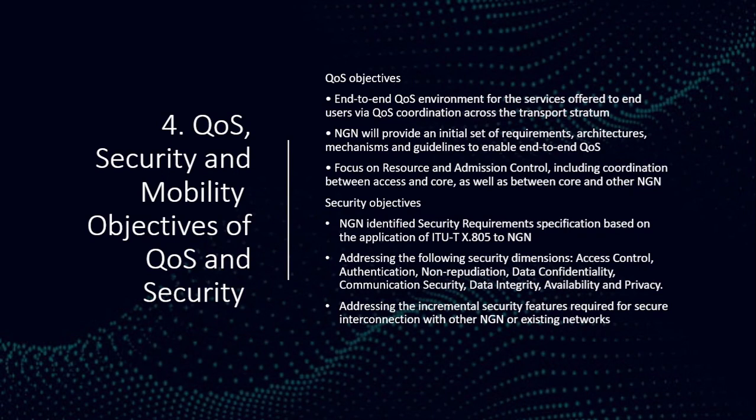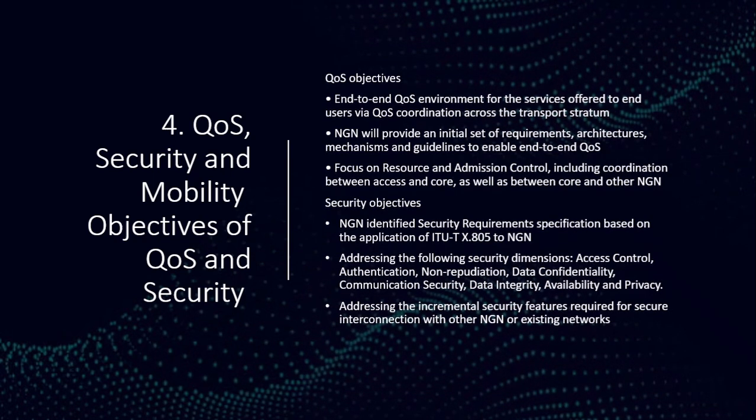The NGN will also provide an initial set of requirements, architectures, mechanisms, and guidelines to enable end-to-end QoS. Focus on resource and admission control, including coordination between access and core, as well as between core and other NGN.